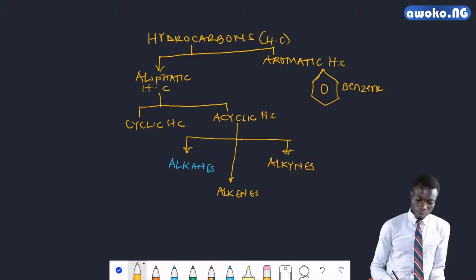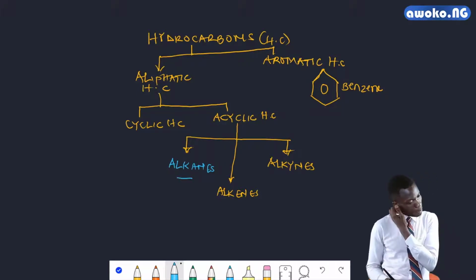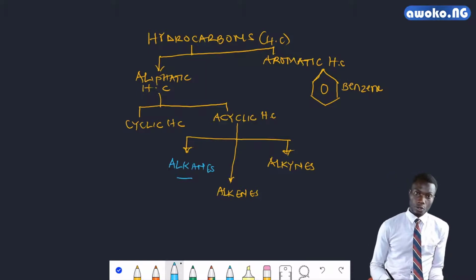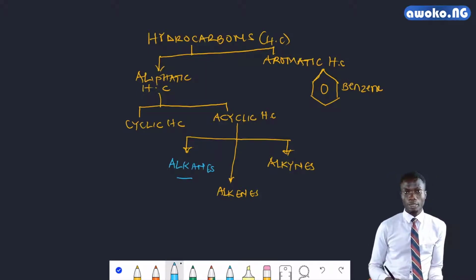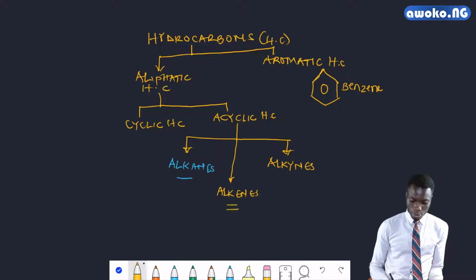Now, these basically are single bonded alkanes. They are straight chain alkanes, number one, and they are singly bonded. Now, alkenes are double bonded, while alkynes are triple bonded.